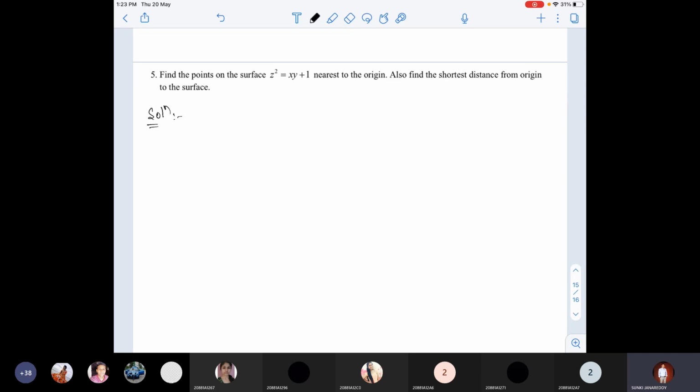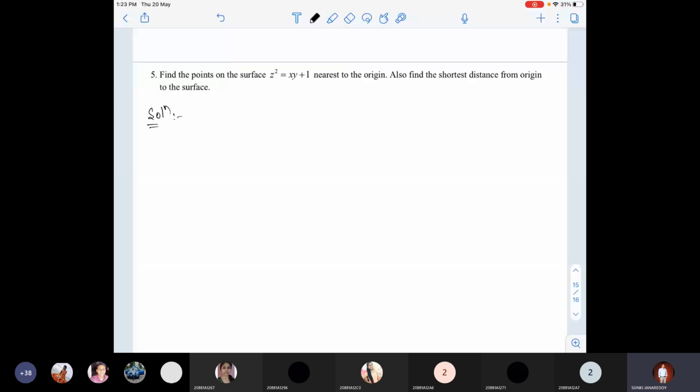Some surface is given. Nearest to the origin. Points nearest to the origin, that is given. Next, also find the shortest distance from origin to the surface.